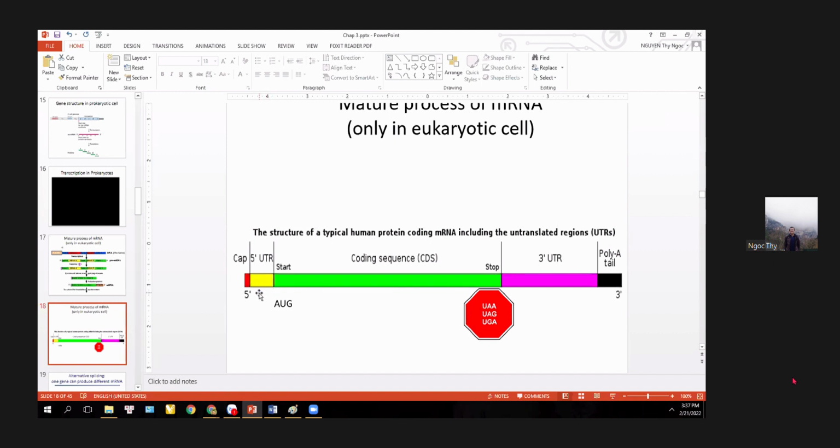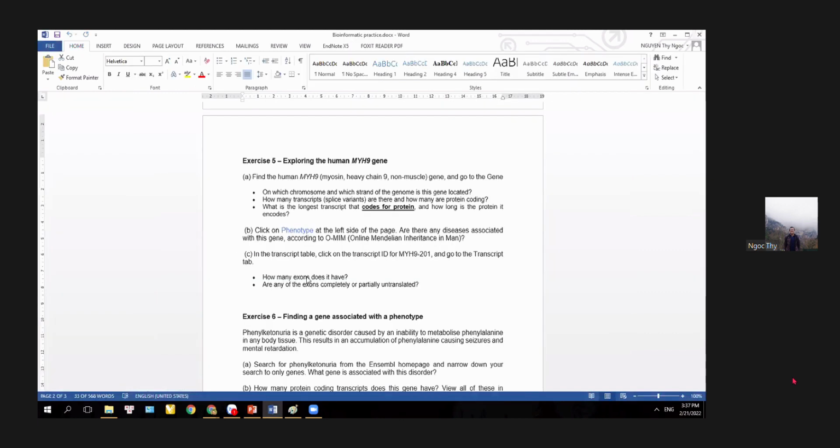So some of you have participated in the bioinformatics practical training. Do you remember exercise number 5? In exercise number 5, they want us to explore a gene called MYH9, right? And in question 3, they want us to look at the transcript table for the transcription of MYH9 201 and see which exon is completely and partially untranslated.